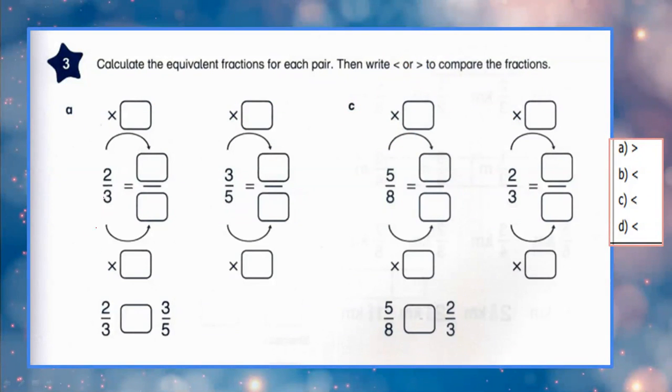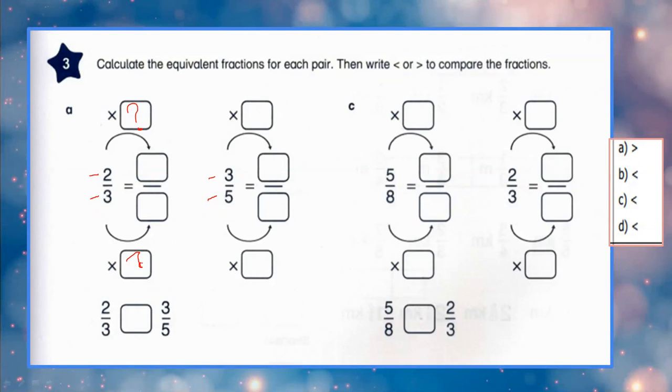They are giving you 2 upon 3, and on the other side, 3 upon 5. You are making the equivalent fractions. So which number do I have to take here? You have to select some numbers.